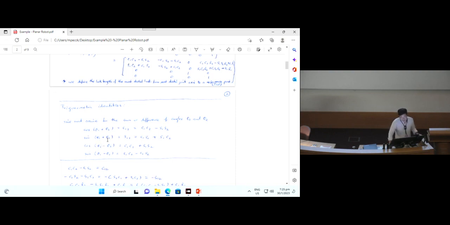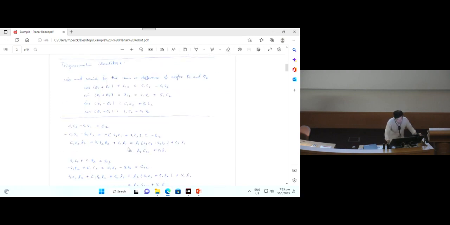So sine of theta 1 plus theta 2, S12, is cosine theta 1 multiplied with sine theta 2 plus sine theta 1 multiplied with cosine theta 2. You also have cosine of theta 1 minus theta 2, and sine of theta 1 minus theta 2, as well.